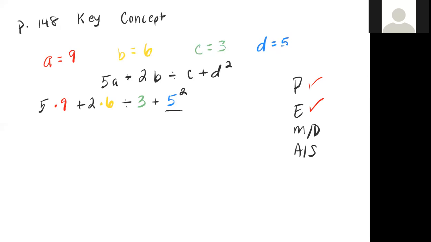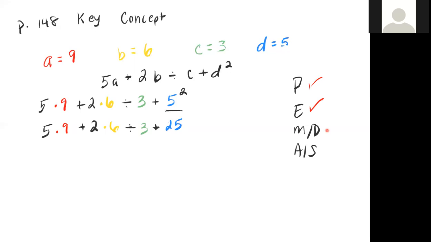Remember, that's 5 times 5, and that gets me 25. So here we still have 5 times 9 plus 2 times 6 divided by 3 plus now 25. Okay, next we're looking to see if we have multiplication or division.